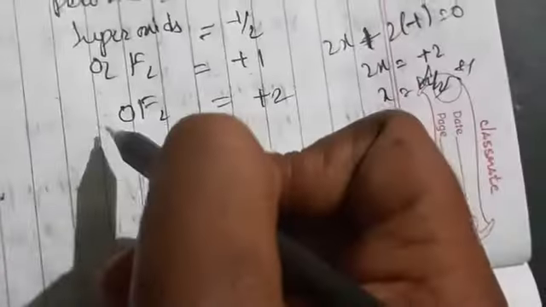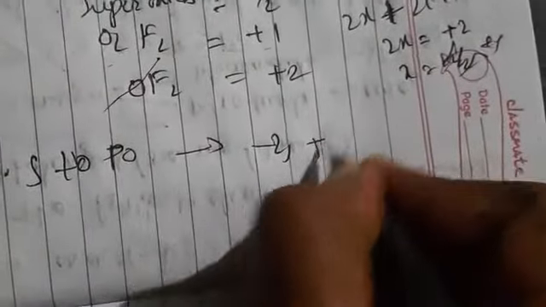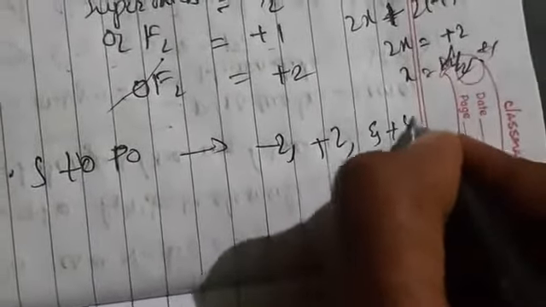And coming to oxygen, it does not exhibit higher oxidation states like +4, +6. Why? Because it does not have d orbitals in its valence shell. Other elements, sulfur, selenium, tellurium, can exhibit -2. From sulfur to polonium, they can exhibit oxidation states -2, +2, +4, and +6.